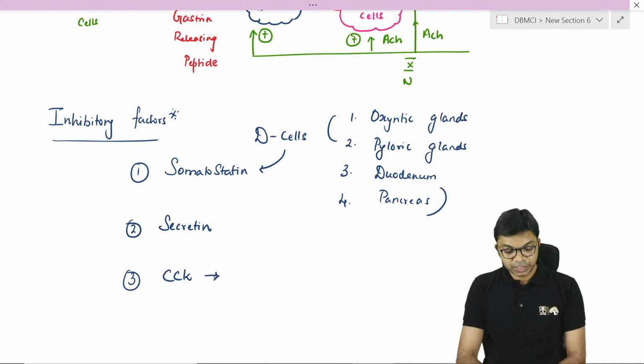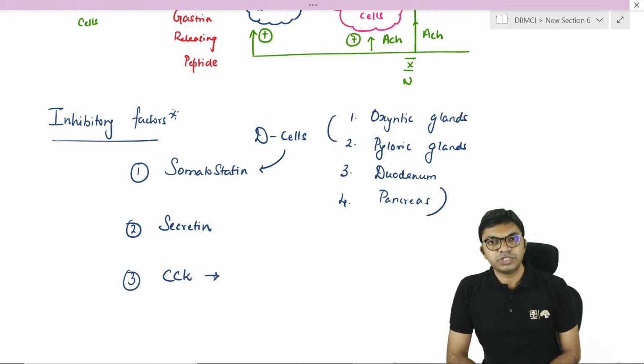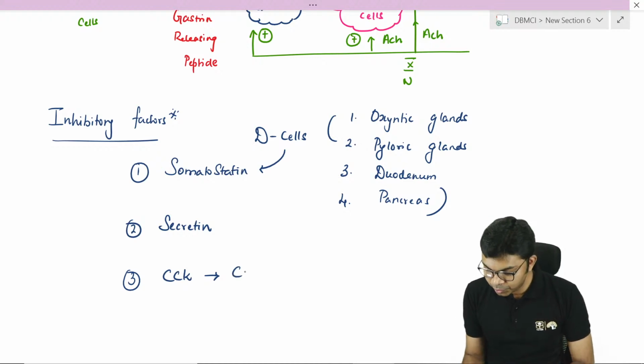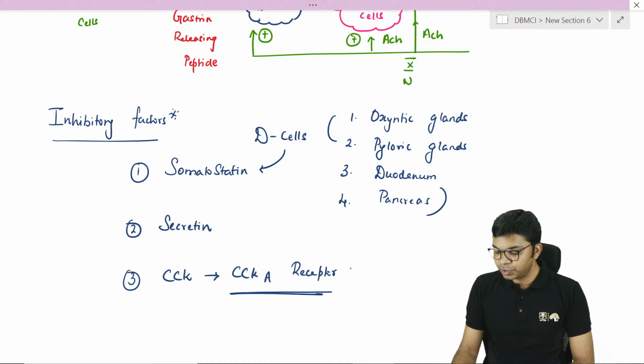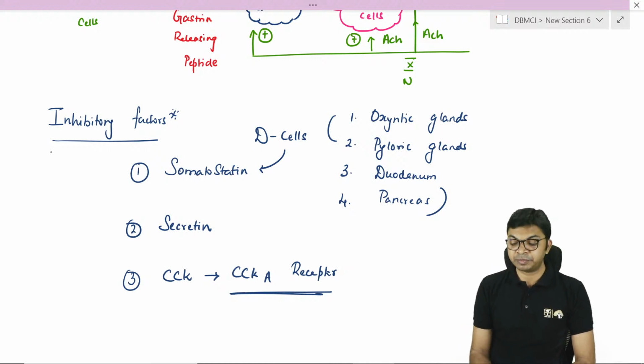Remember, we already saw the cholecystokinin A receptor and the cholecystokinin B receptor, which is utilized by gastrin, isn't it? Now, cholecystokinin is going to act on the cholecystokinin A receptor, and this is going to ultimately inhibit gastric acid production, doctors.